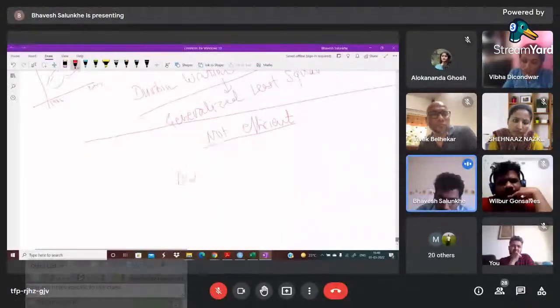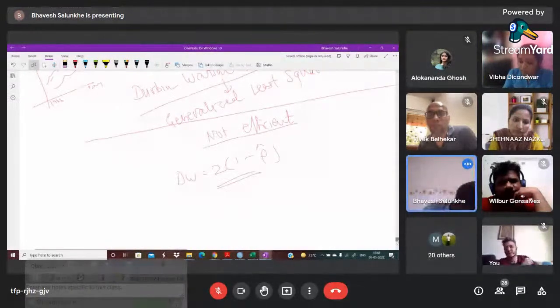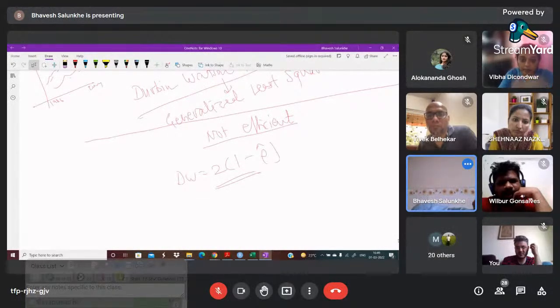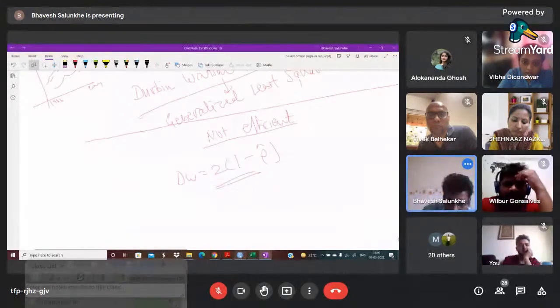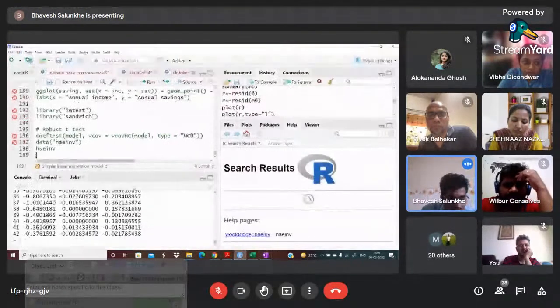So DW is equal to 2 into (1 minus rho hat). I think I am correct. Now if you go to R, this is the statistic we get from that test.